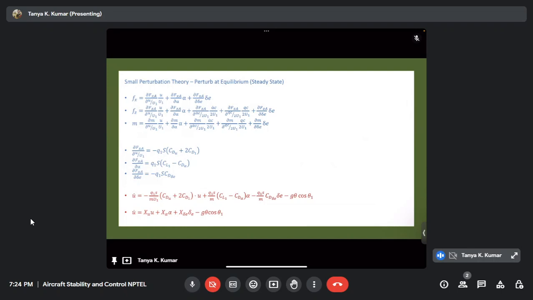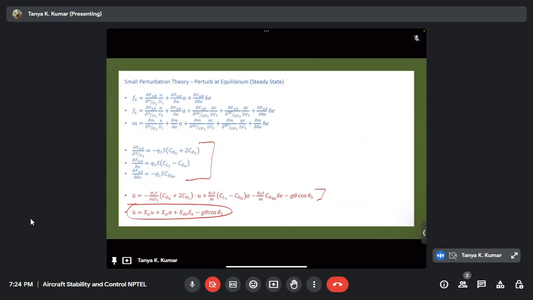You can see that in all three cases you have that dou u by u1. Now these three derivatives are given by these three equations, and upon substituting these terms you get the final equation of motion in this form, and we write it in a compact form in this way. Where this capital xu, x alpha, x delta e are given by those derivatives, those parameters.